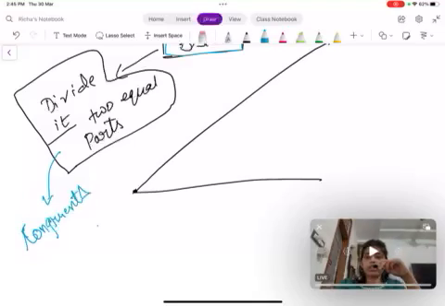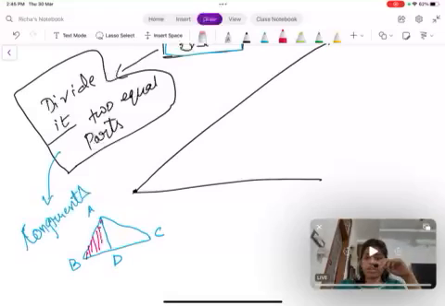So, if we have two congruent triangles, like if I say that I have A, B, C, D, and if I say that these two triangles are congruent, triangle ADB is congruent to triangle ADC. That is, this red triangle is congruent to this green triangle. Then it would mean that this angle A is bisected into two equal parts.